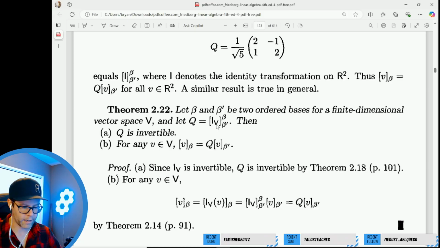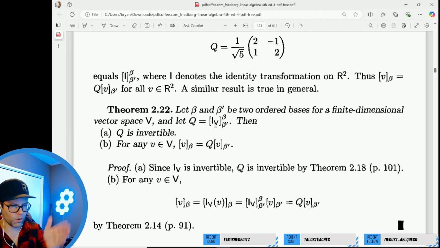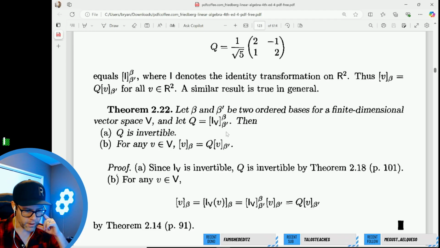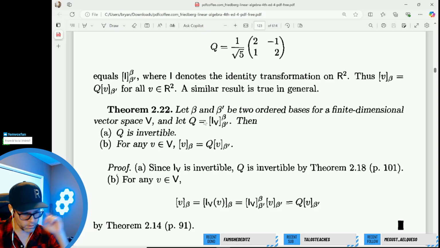That must be what they're doing here. So B prime would be each one of our basis vectors. Yeah, I see. So the coordinate vector as a column for each one of our basis vectors in B prime. That makes sense. So since we're getting an identity matrix, it should be invertible. That makes sense for the proof for part A.